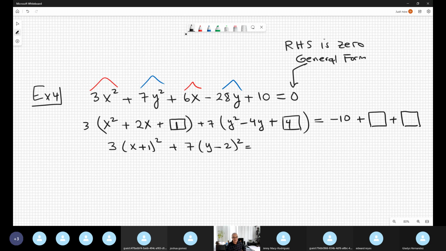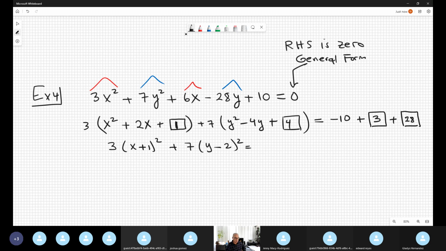Now, the most important detail. In the right hand side, I put 2 boxes which not necessarily equal 1 and 4, because you have a multiplier in front, 3. Actually, when you introduce artificially 1 here, definitely on the right hand side you introduce a 3, because 1 times 3 is 3. And 4 times 7 is 28.